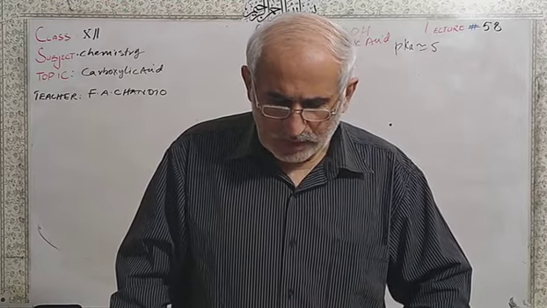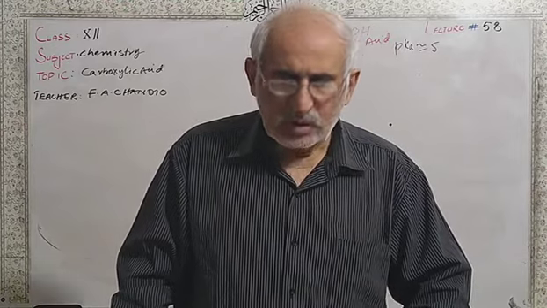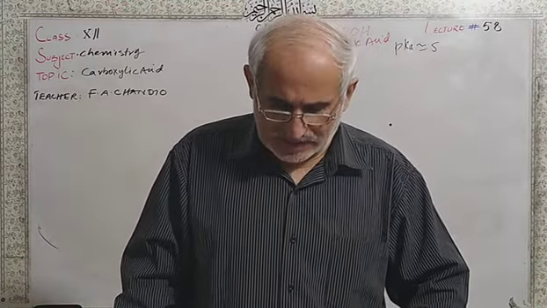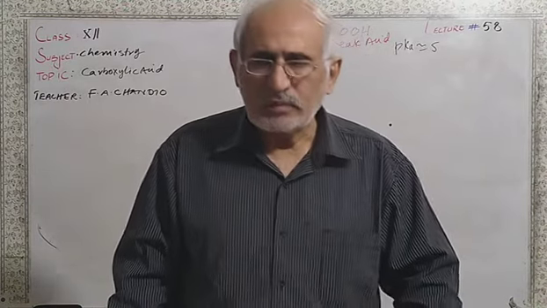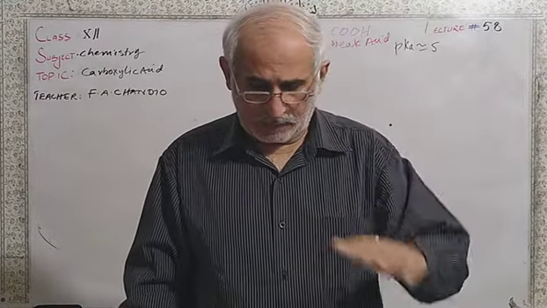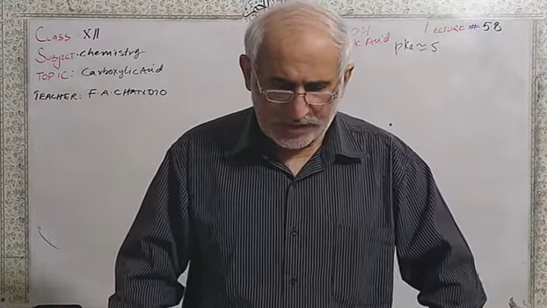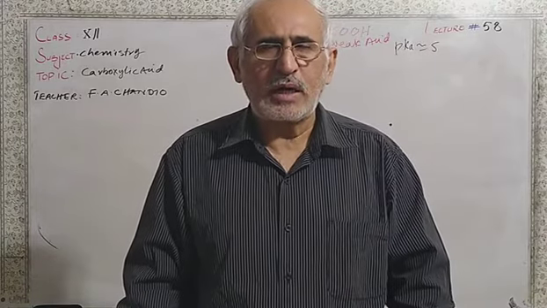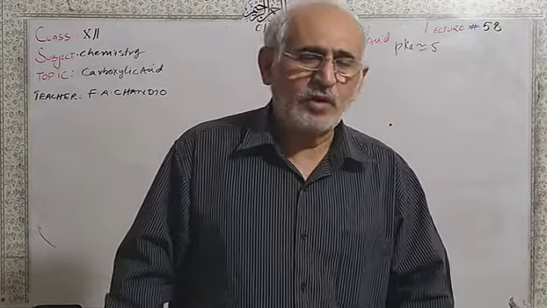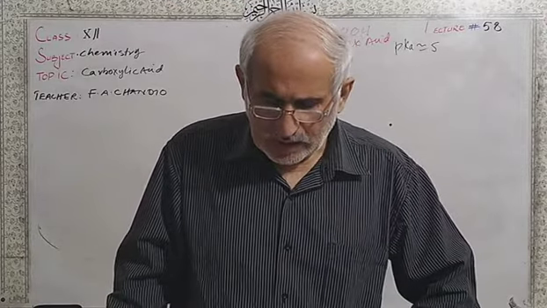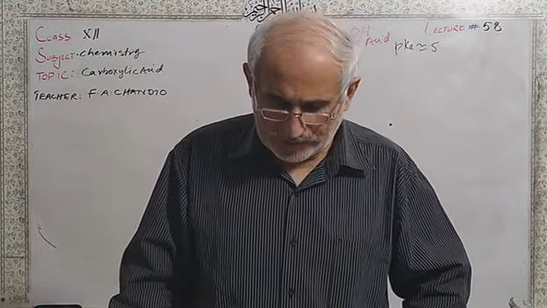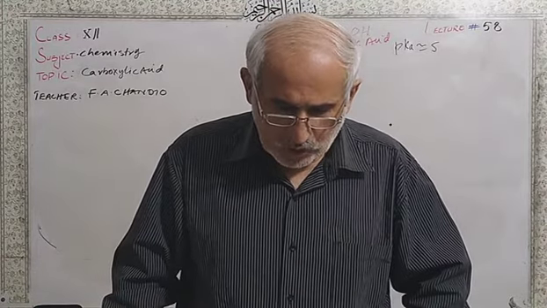Fluoroethanoic acid: when you introduce a halogen atom, a fluorine atom, into the carboxylic acid, its pKa value declines. And if instead of the alkyl group you put hydrogen, again the pKa value is reduced. That's why formic acid has a lower pKa value than 4.7.